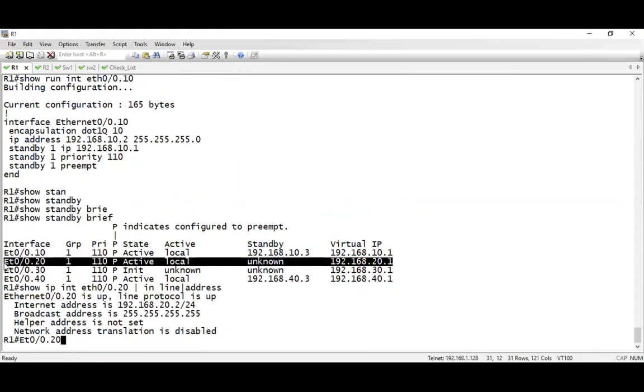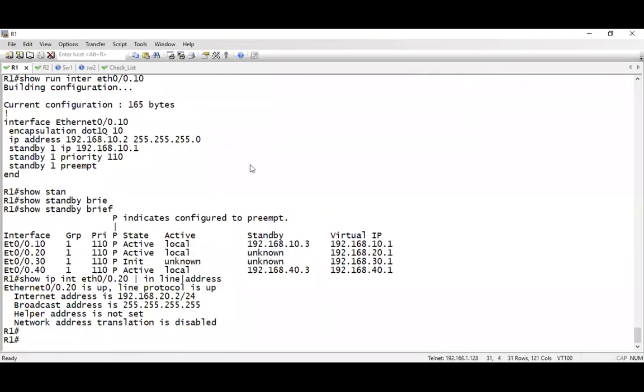What does it mean? We discussed this. It means R2 is able to receive and process HSRP hellos sent by R1. However, R1 is not able to receive or maybe not able to process HSRP hellos sent by R2.